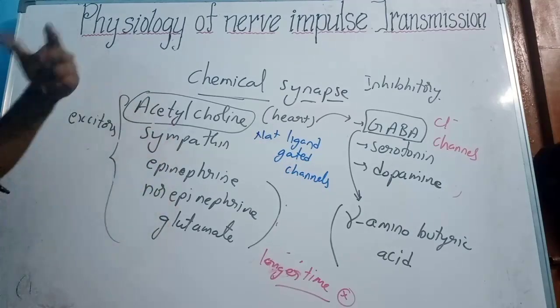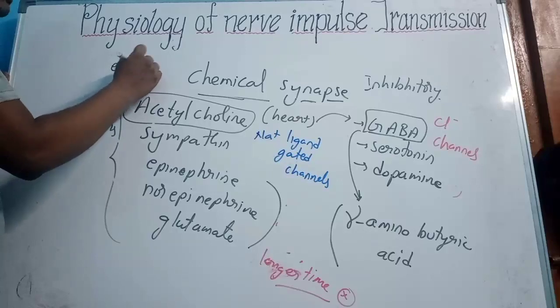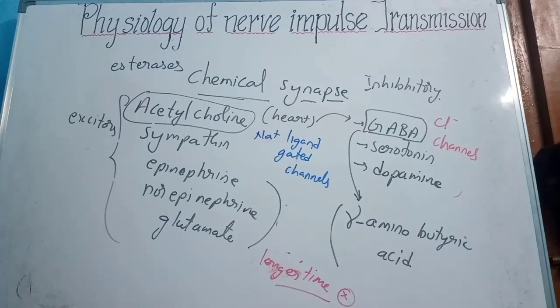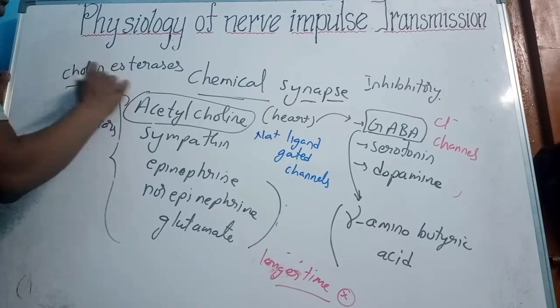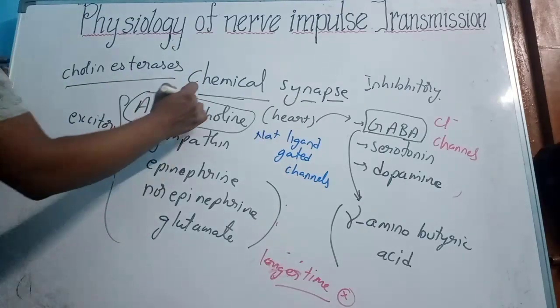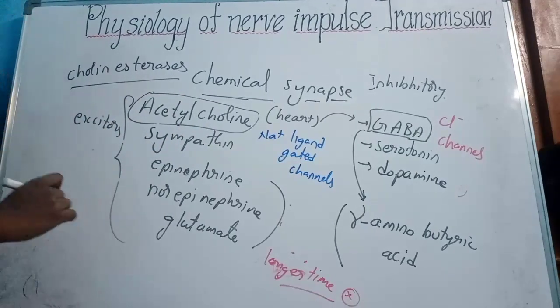For the activators, generally we have some chemicals called esterases. Acetylcholine, or we can say cholinesterases. So what will cholinesterases do? They will act on this acetylcholine.